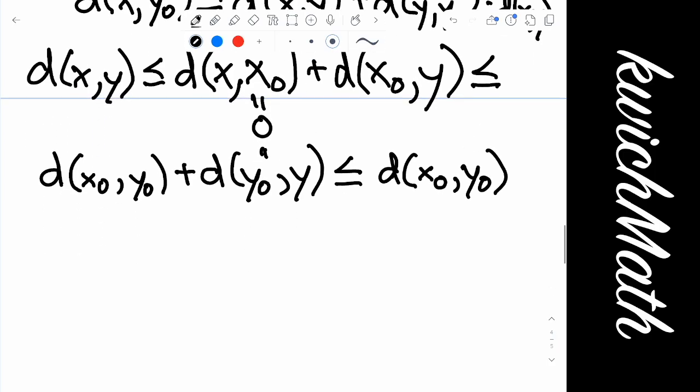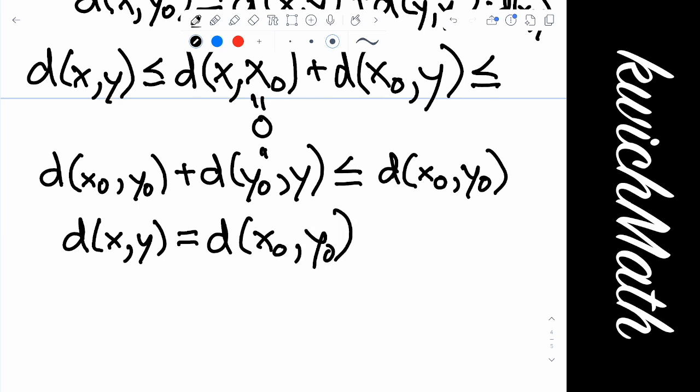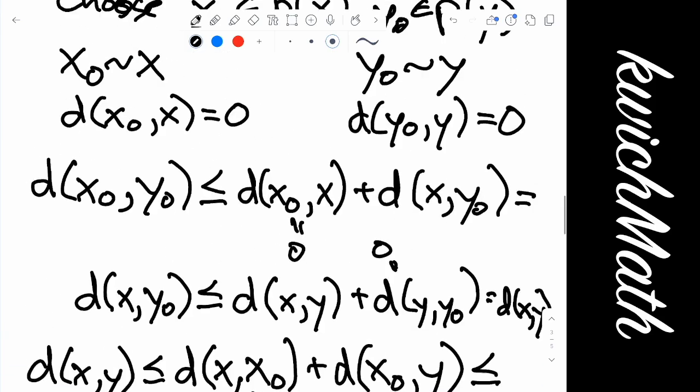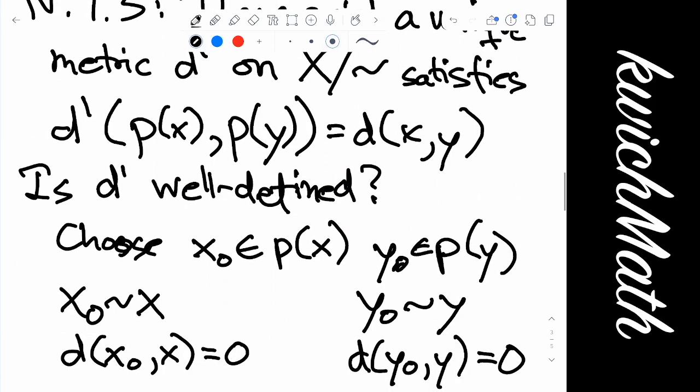So the only possibility is that d from x to y is in fact equal to d from x0 to y0. So yay, we are very happy, because this is what we wanted to show. This shows that the definition of the metric, or at least the mapping, we have yet to show symmetric, is well defined.